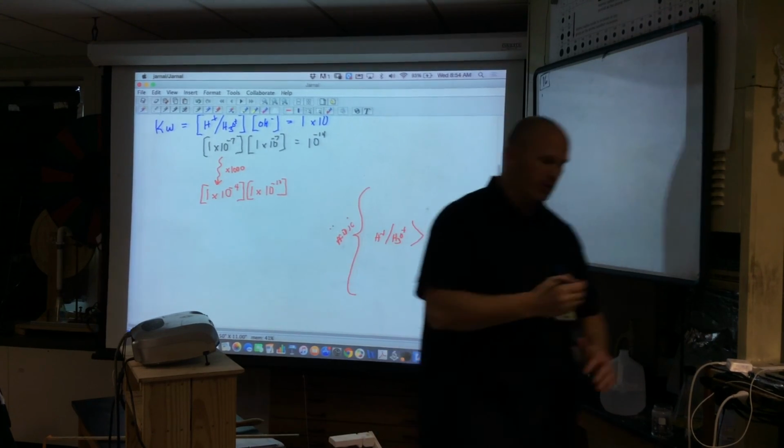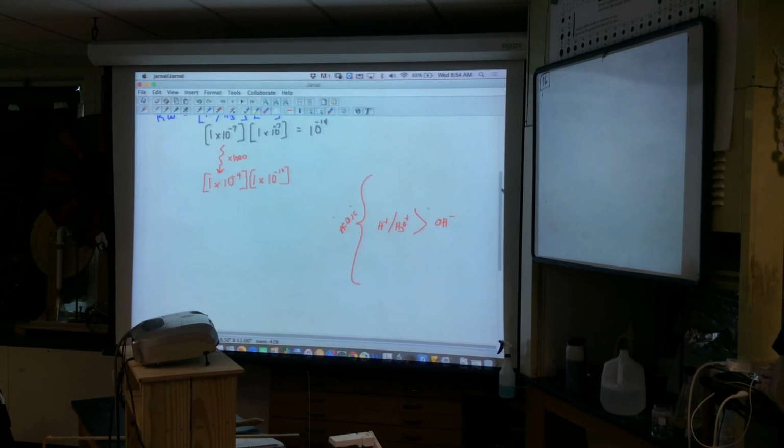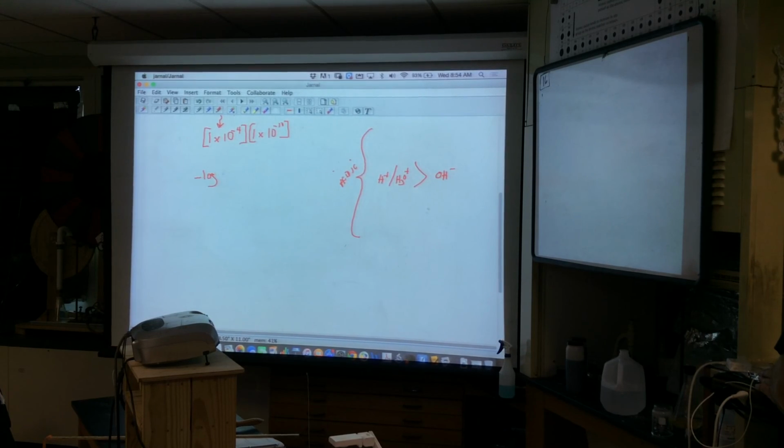And that's what pH is, if you remember. pH is called the negative log. So I'm going to do the negative log of the H plus ion concentration, or synonymously the H3O plus concentration. Now, what does negative log mean?